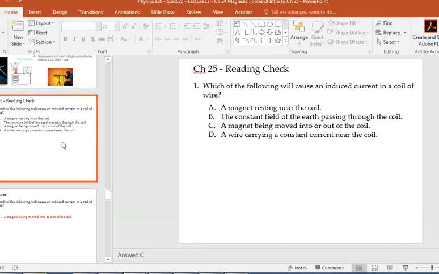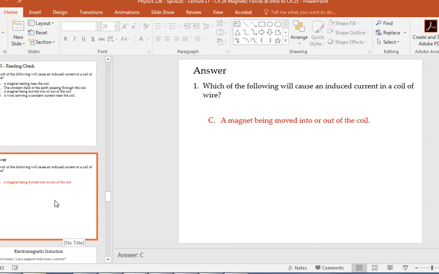Okay, so please take a moment to see which of the following will actually cause an induced current in a coil of wire. Based on our recent experience with the simulation, we can see that a magnet that's being moved into or out of a coil will give you some induced current.